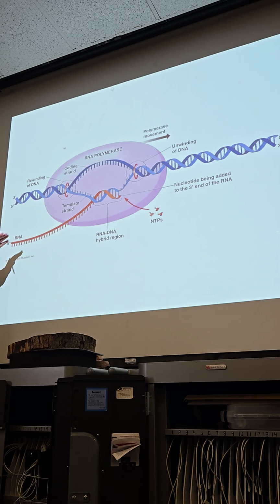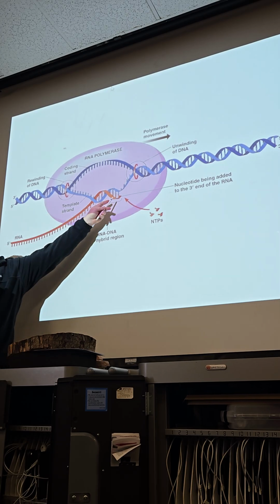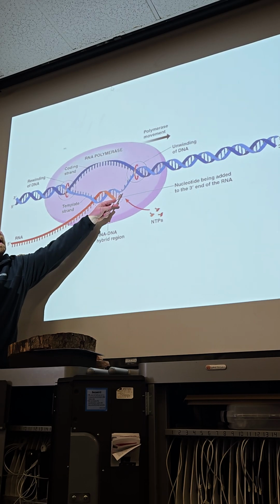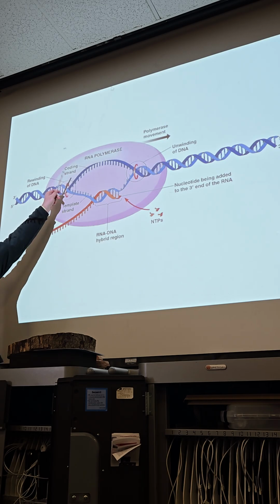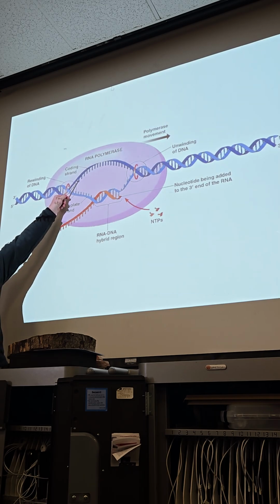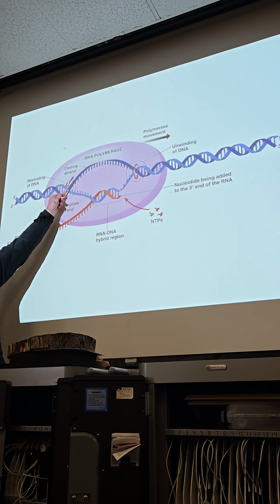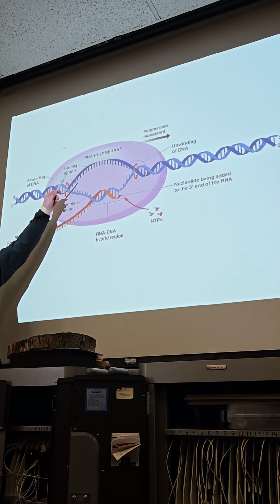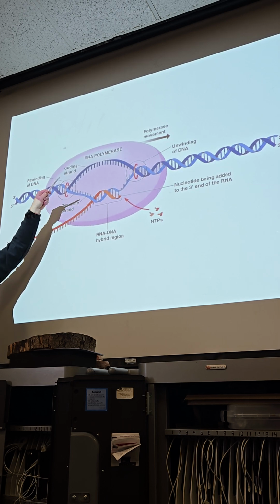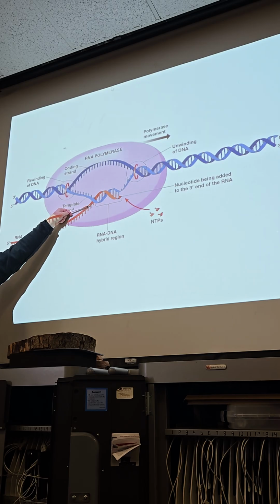So the nucleotides are coming in and binding here. The next one's going to bind to that. So I am copying the top strand, duplicating that strand. That is what it's going to turn into by binding to the bottom strand.